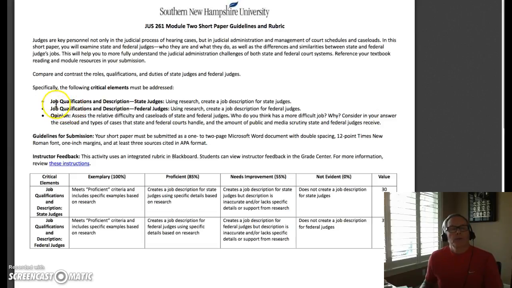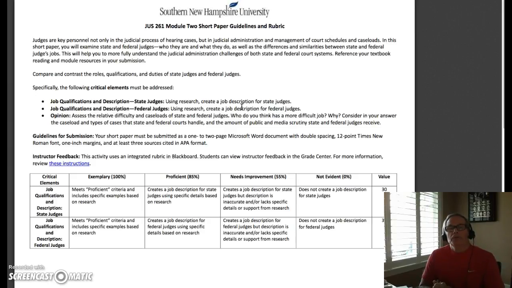So here, number 1 is job qualification and description. State judges, using research, create a job description for state judges. Now, since in the United States we have 50 states, you're going to have an array of criteria because in some states the court system is a lot more elaborate than other states, which is a lot simpler.